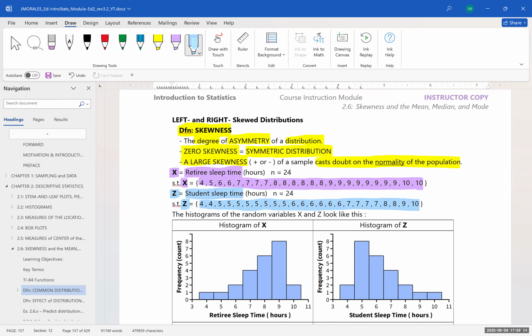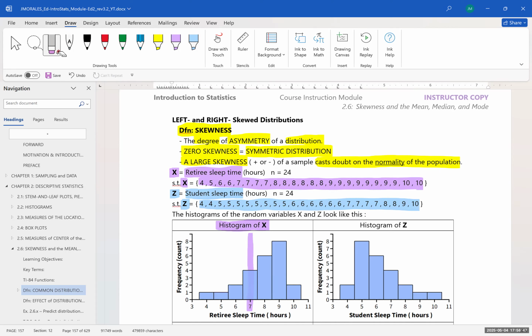If we take each of those and graph them, here we've got a histogram of retiree sleep time. And you'll see that we no longer have a line of symmetry. There isn't a line we can draw through the middle where it's the same on the left as it is on the right.